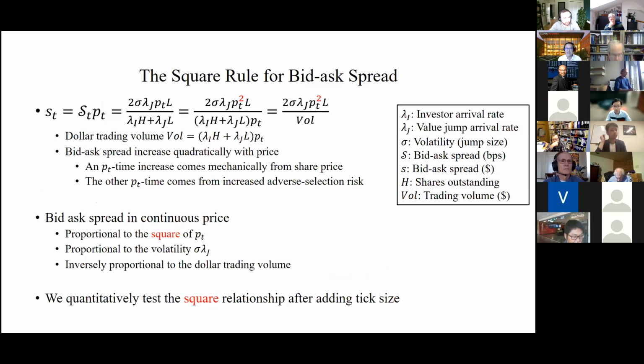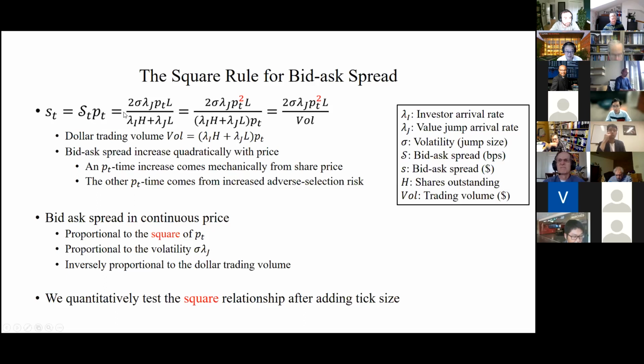Now let me introduce the first proposition in our model. We call it the square rule. Let's look at the dollar spread. If you split, the dollar spread will change at the square of the split ratio. How can we calculate that? This is the dollar spread, the percentage spread multiplied by price.